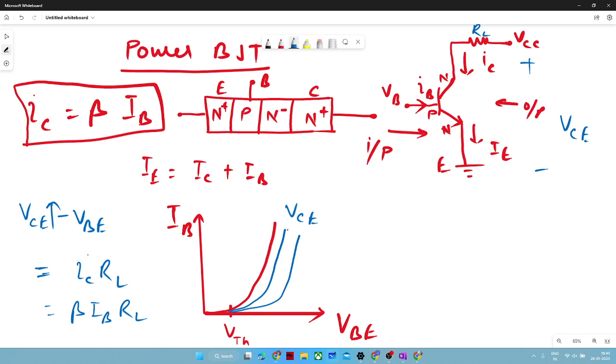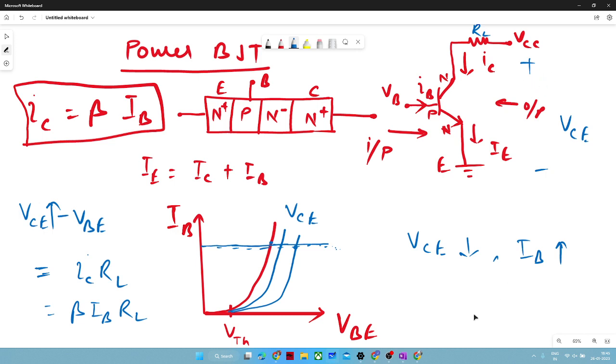So for similar base current, your VCE is decreasing, right? You plot it, so your VCE is going to decrease a bit. It will not affect much, but that's the thing. If you decrease VCE, your base current will increase. So your base current is also dependent on the output parameter, but not by a large amount.